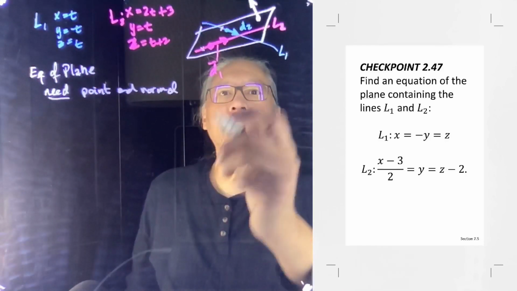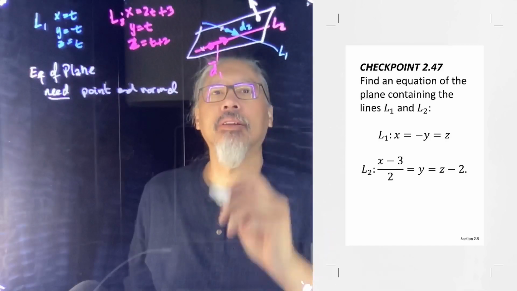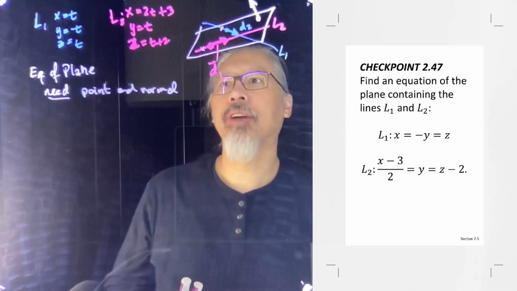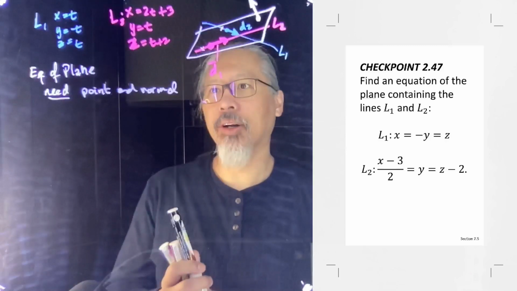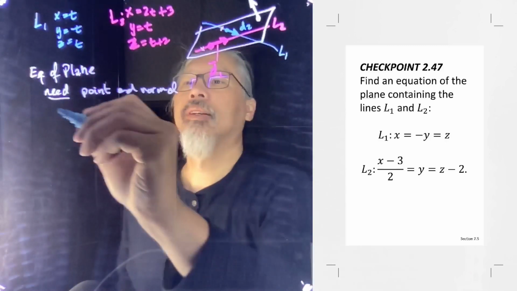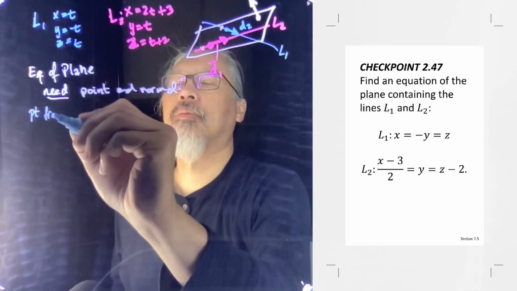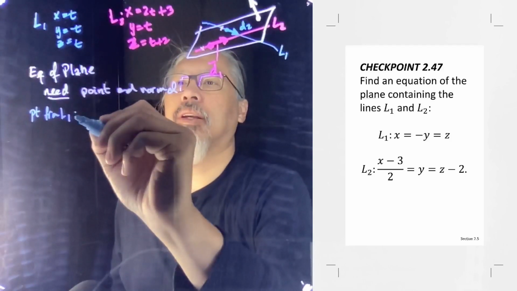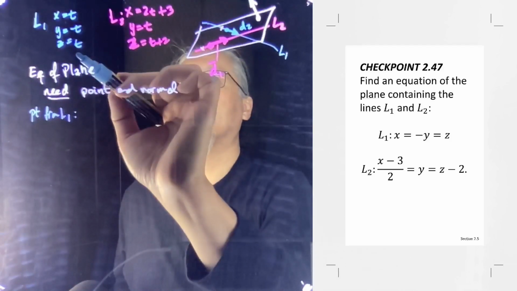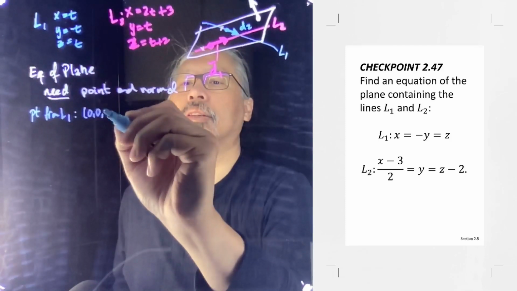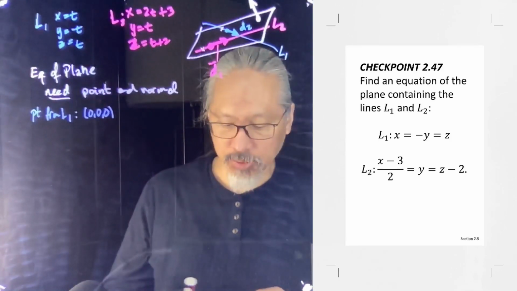But to find a normal vector, you have to take the cross product. So we can extract a point from L1, and that's just the constants that are in x, y, z, and in this case it would just be zeros.